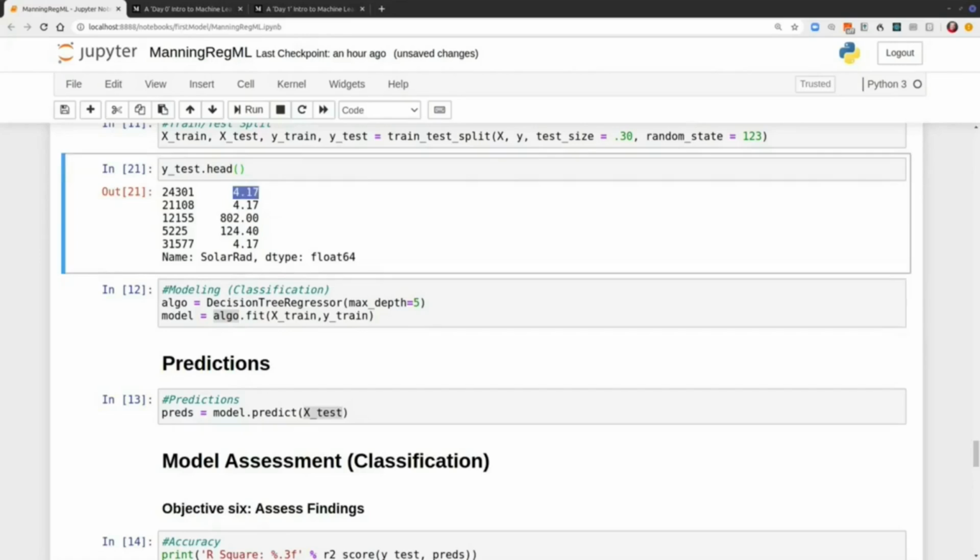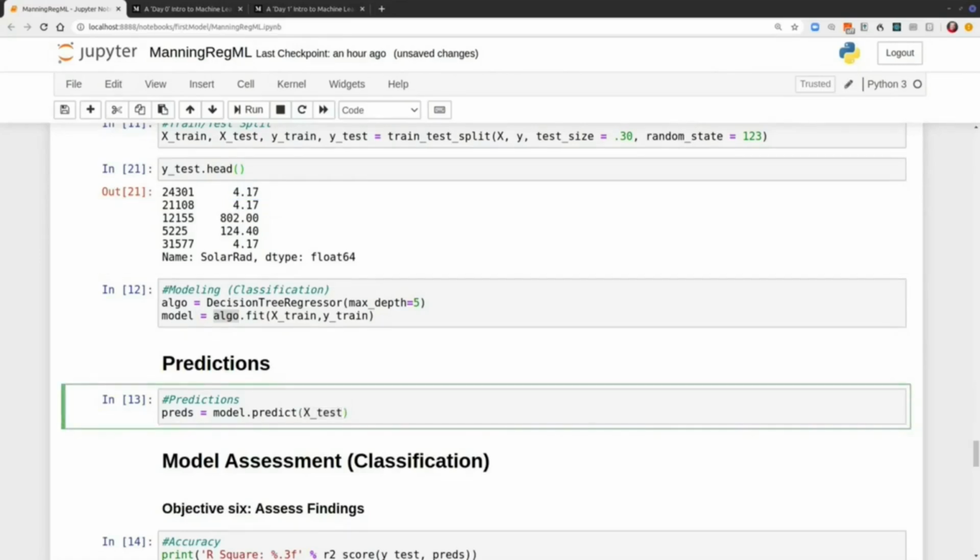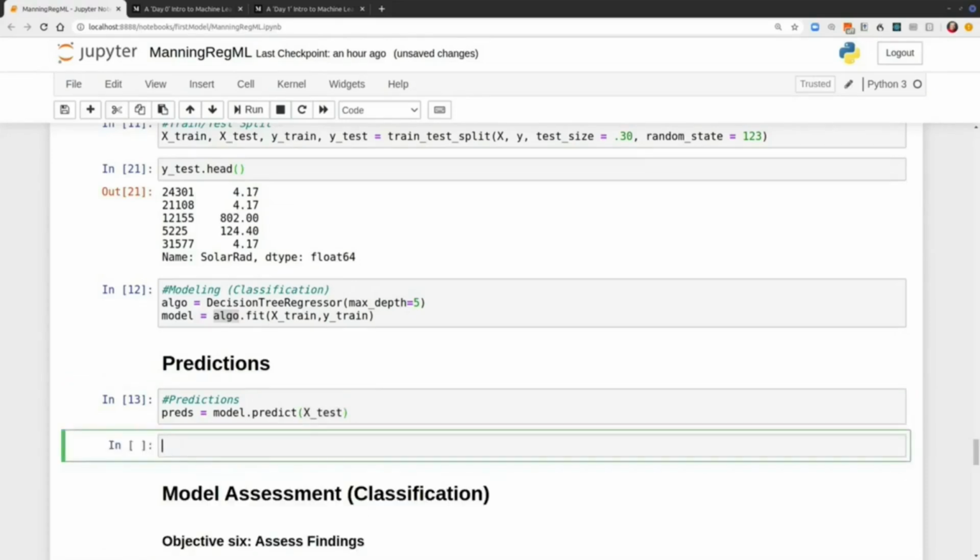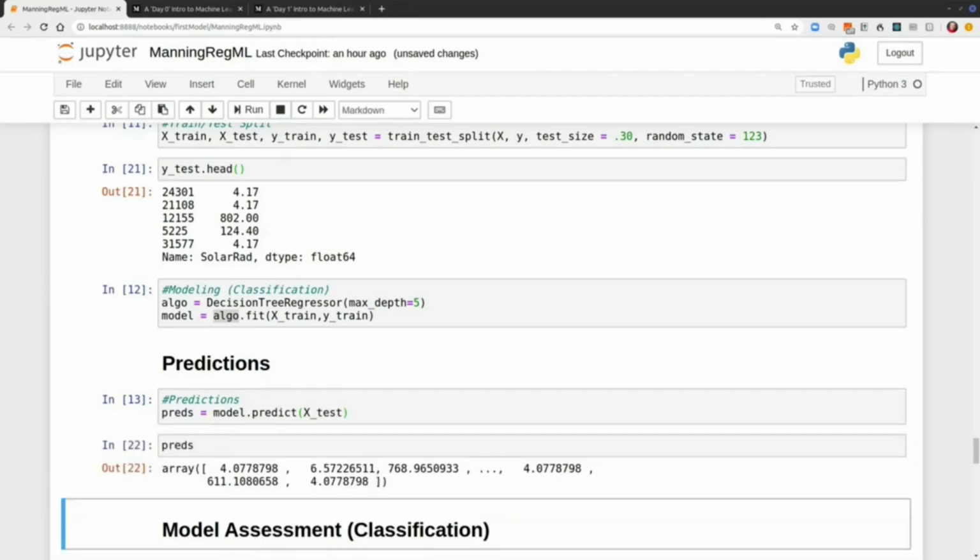So what we did was we made predictions. I can come down here and show you while we've got them both on the screen. These predictions come out as an array. They're not in a data frame.